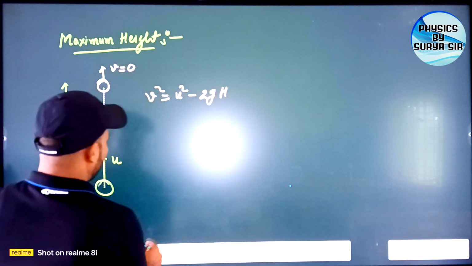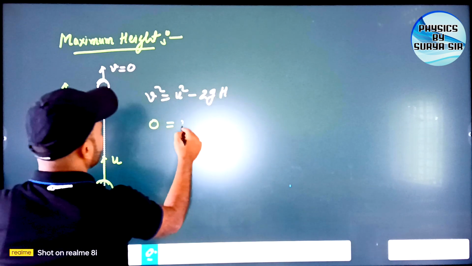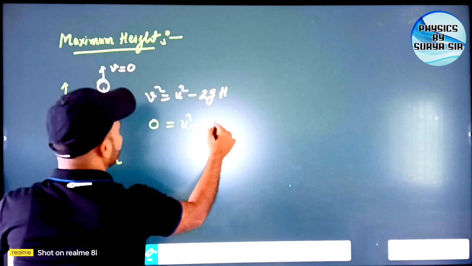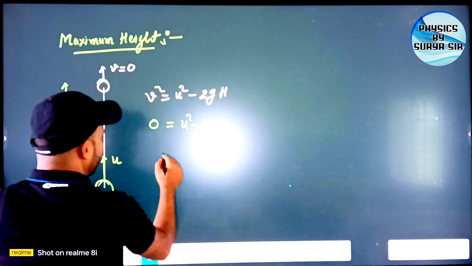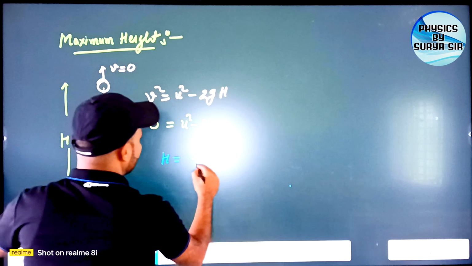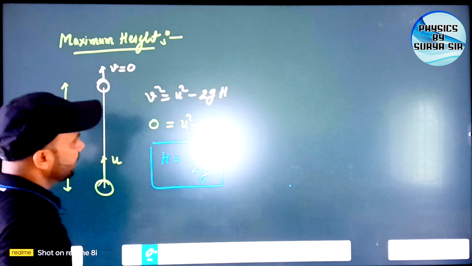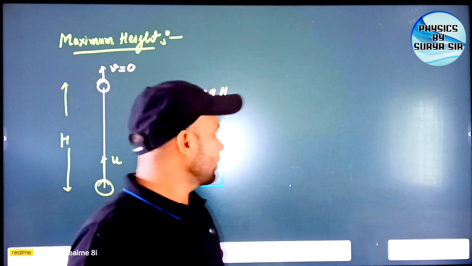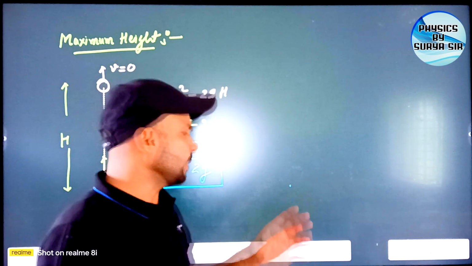The final velocity v is 0, so putting 0, we get 0 = u square minus 2gh. From here we get the value of maximum height, h = u square by 2g. So this is the equation of maximum height of the object.